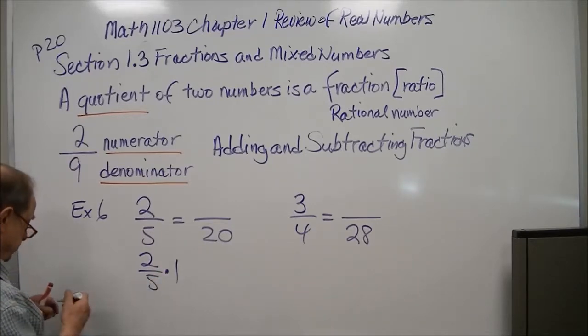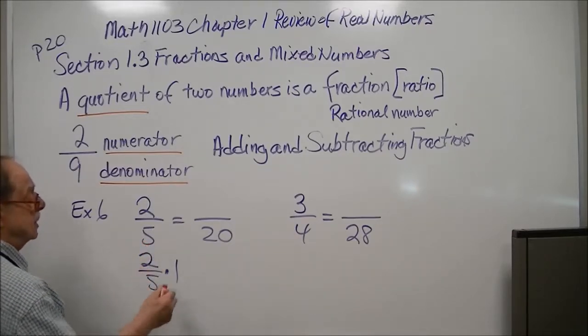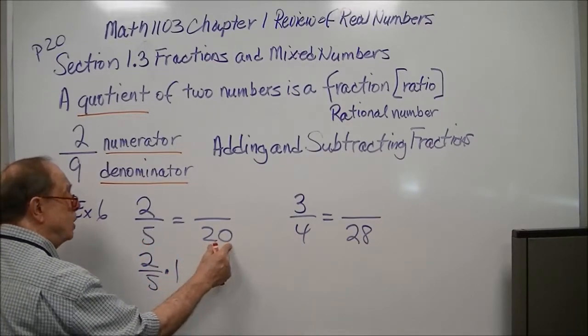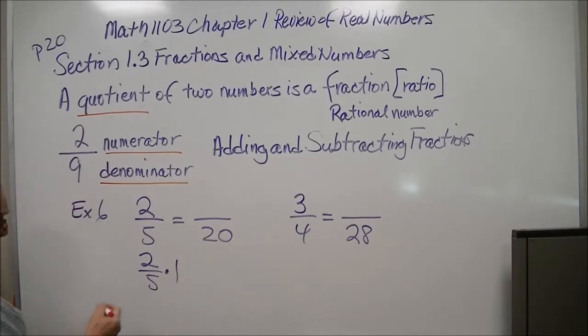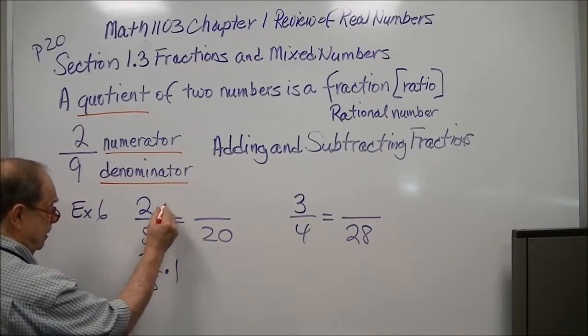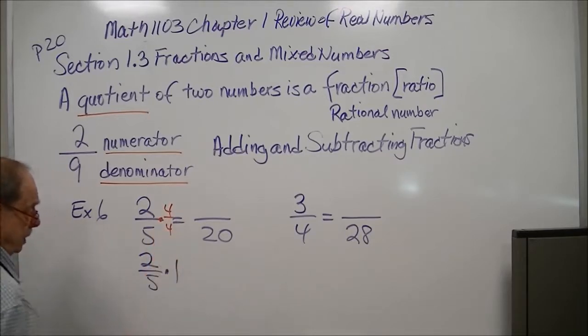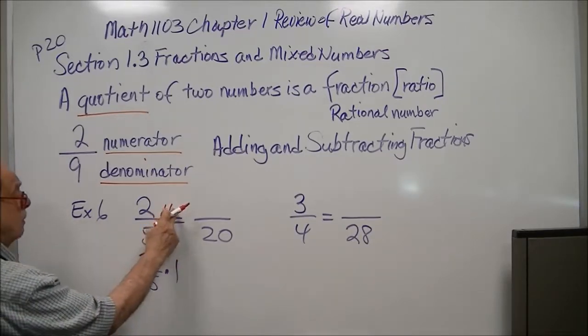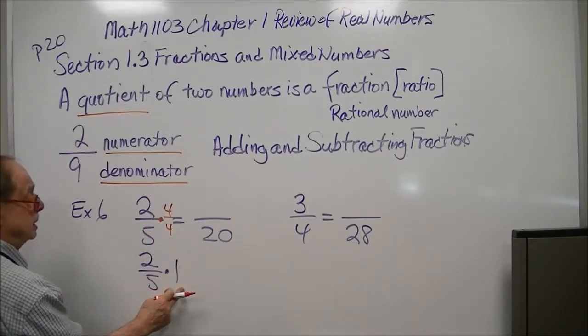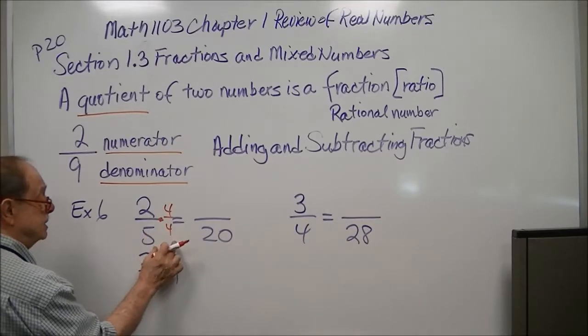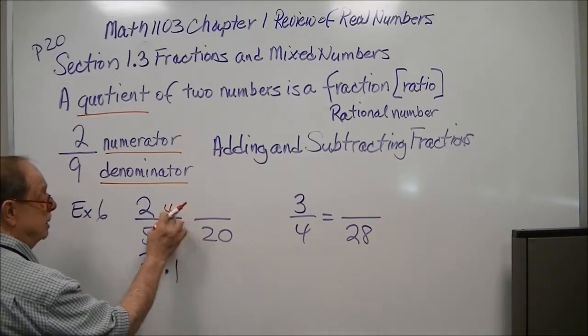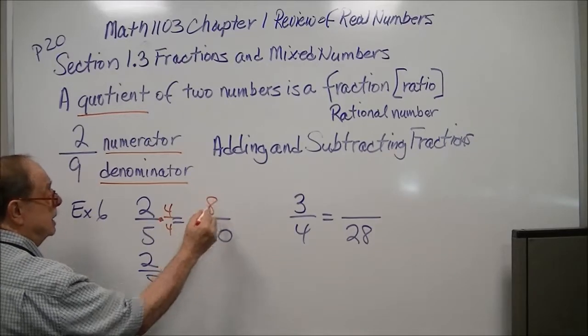But now we're going to choose a 1 in the form of something that will make our denominator a 20. So how about 4 over 4? 4 over 4 is 1, but now it makes the denominator a 20 here, and our numerator an 8.